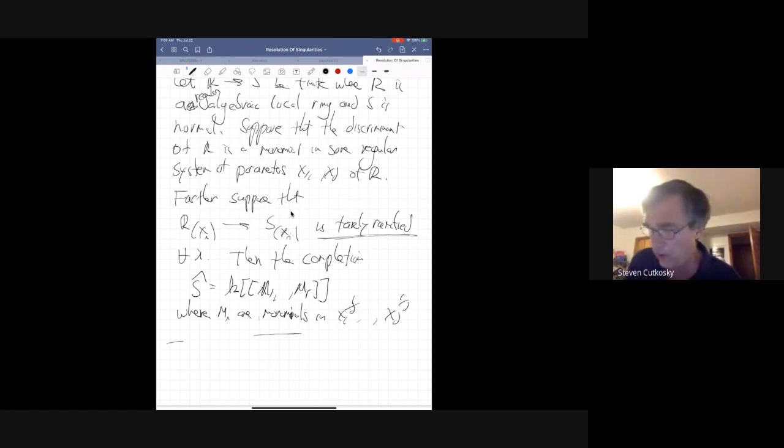Okay, so where people usually refer to this is that in characteristic 0, all extensions are tamely ramified.